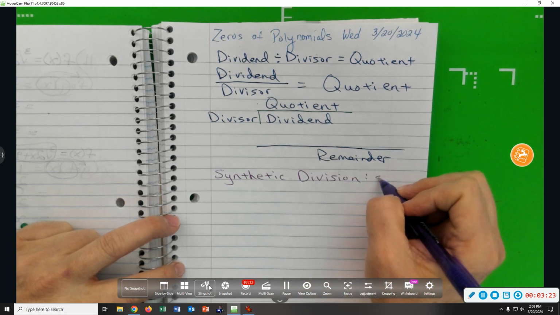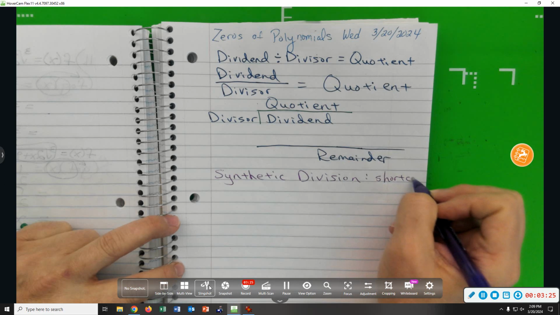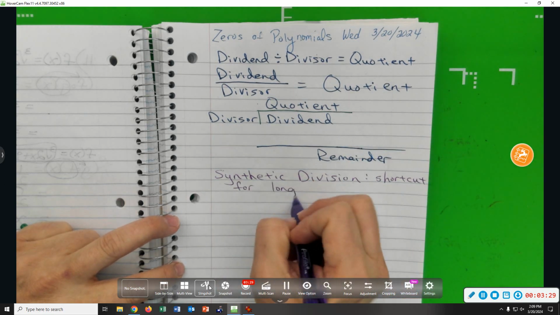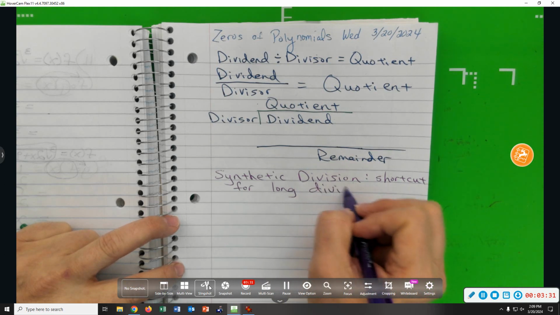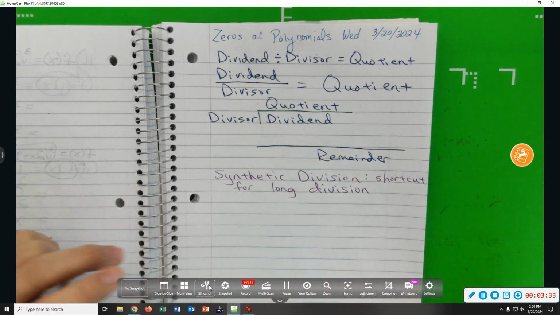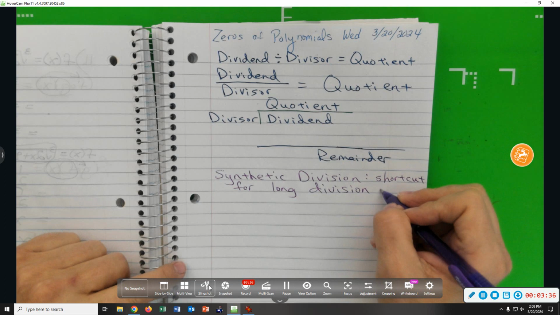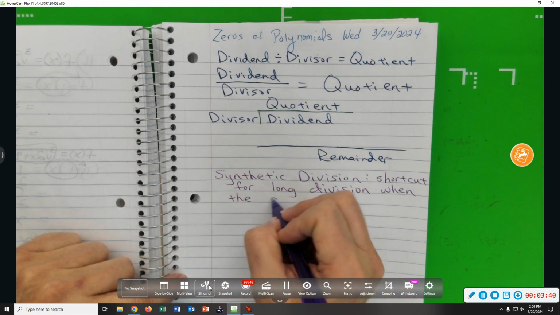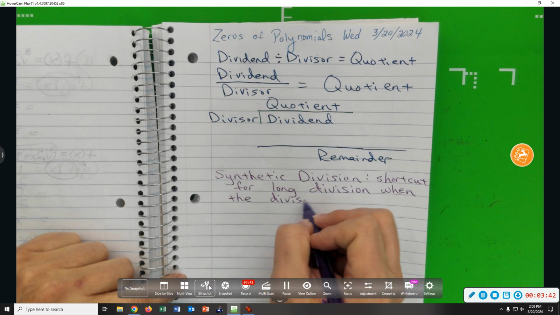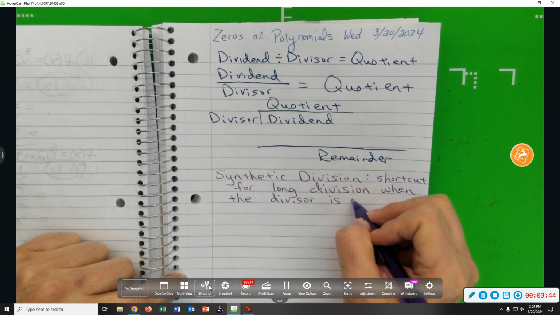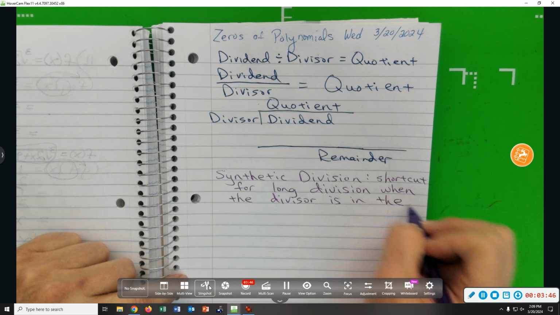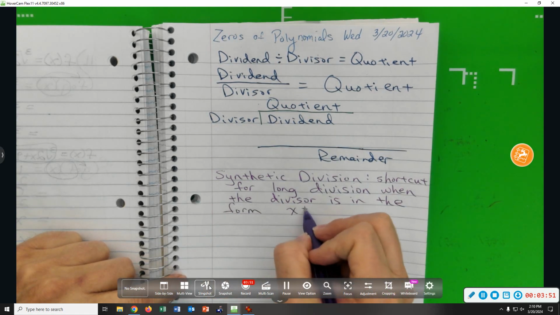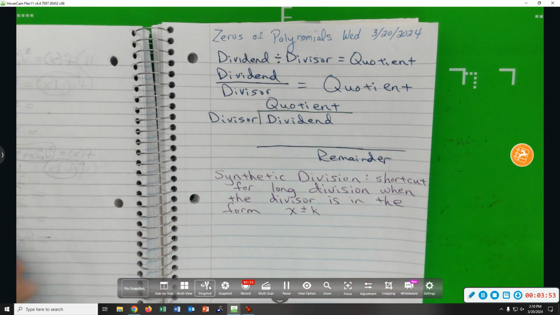is a shortcut for long division, but it only works when the divisor is in the form x plus or minus some constant k.